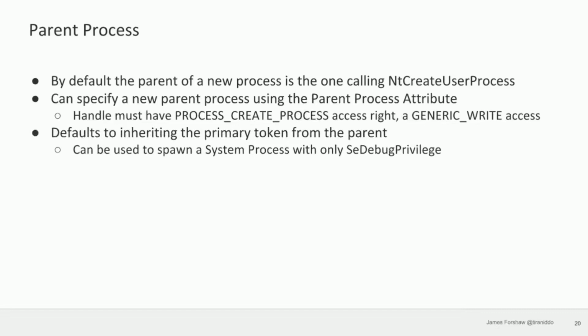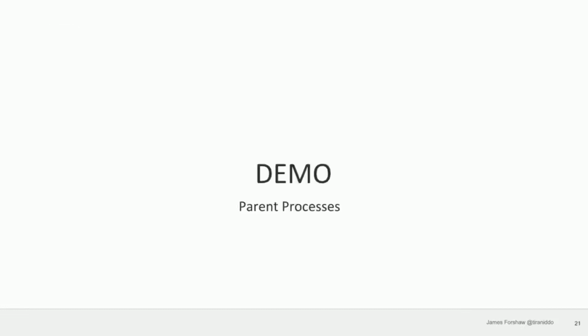So Windows now allows you to specify an explicit parent, but you need a certain access right, and this access right is basically a write privilege. If you have write privilege to a process, you can modify virtual memory, all that sort of stuff. So normal users can't access this and use it to their advantage, but other parts of the operating system can, and I'll show an example now.